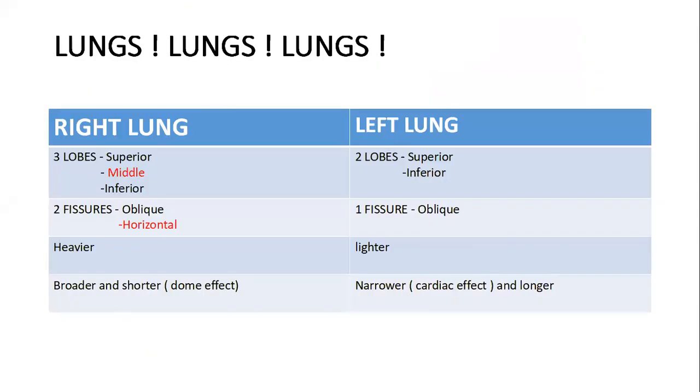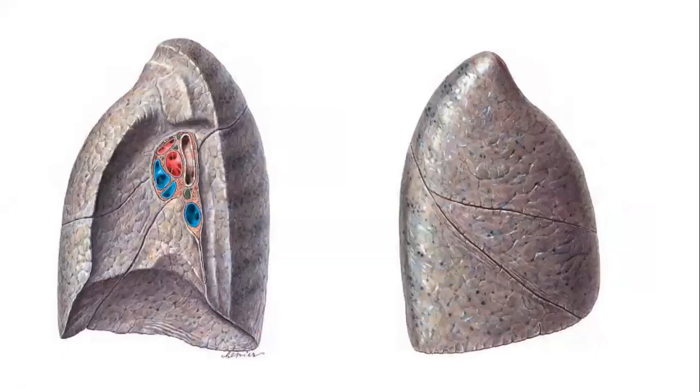So a lung, generally, if I show you, you have to know that this is a lung. There are certain features of the lung. I'll use this lung over here to illustrate that. These are the characteristics of a lung.